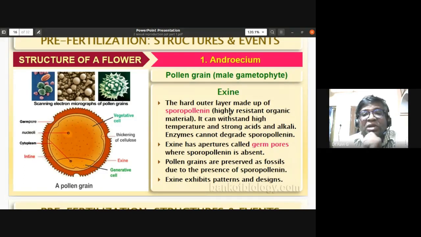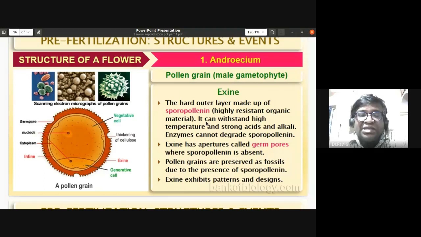So sporopollenin is a highly resistant organic material. Sporopollenin can withstand high temperatures and strong acids and alkali. Enzymes cannot degrade sporopollenin. That is the reason fossil pollen grains are still preserved, because of the exine.